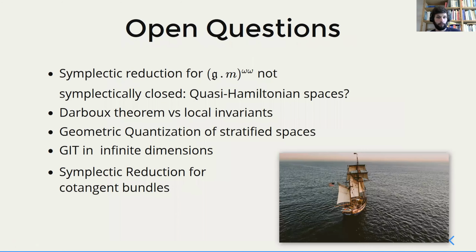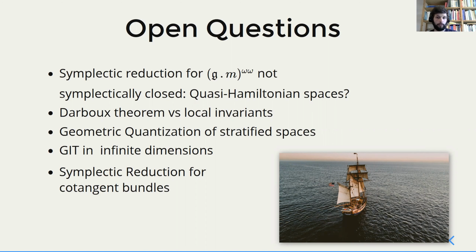And that's just the end of the first journey. Namely, I think there are a lot of interesting open questions that are still in this area of symplectic geometry in infinite dimensions. And the first one is, for example, what I already mentioned. Can we do symplectic reduction also where we drop this assumption that the orbit is symplectically closed?